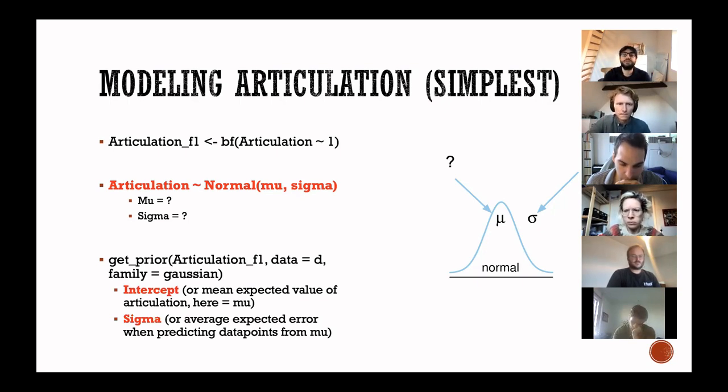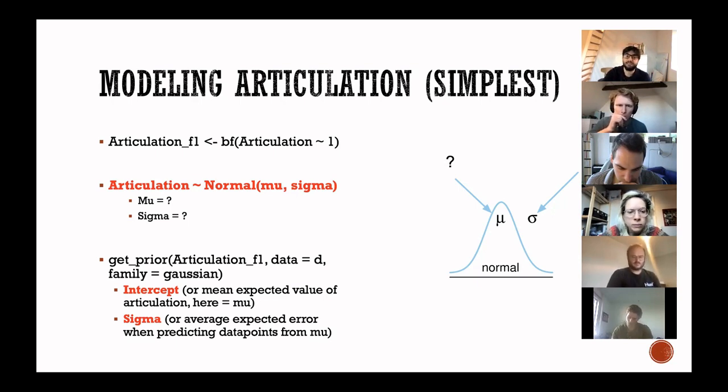We don't want to have to think through what the priors we need to define are, because now it's easy, but it will get harder and harder as we move forward to complex models. So there's a very nice handy function called getPrior, where we say, okay, this is the formula articulation F1. This is the data we're going to feed it, D. And the family, that is the likelihood function, is a Gaussian function. And it spits out which are the priors that we need to set.